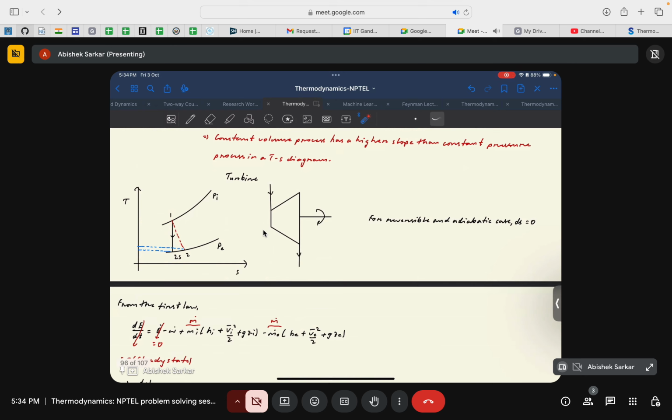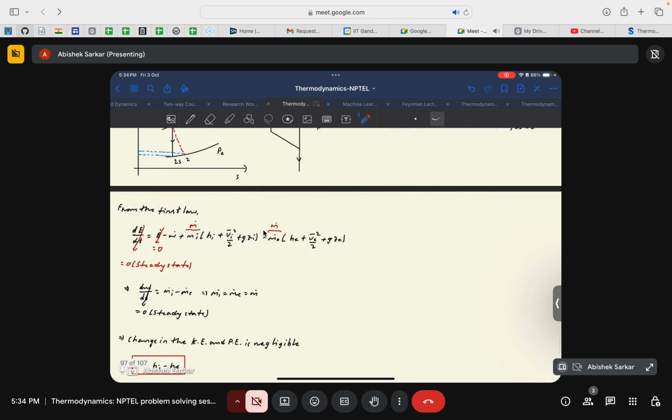Our desire is to get as much work as possible from the turbine, but as you can see here, because of the irreversibilities present in the system, the net work produced gets lowered. That's why the net work produced is lower compared to the net work that could have been produced if the system had expanded in a reversible manner. That's the catch here: the desired output is affected by these irreversibilities.